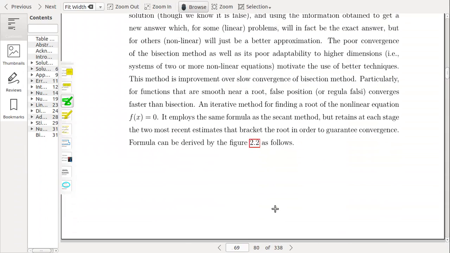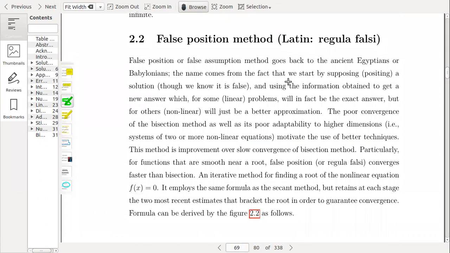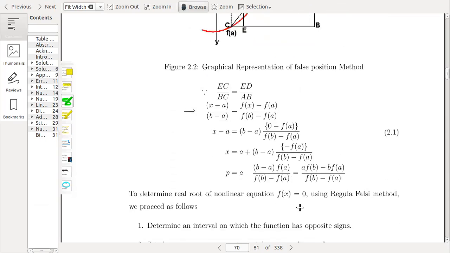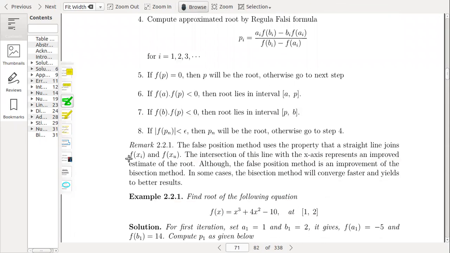Before ending, we can just repeat. The false position method, or false assumption method. What kind of trick do we use in the false position method? If there are two values as the initial guess or the interval, the false position method draws a line passing through these two initial values, f of xl and f of xu.